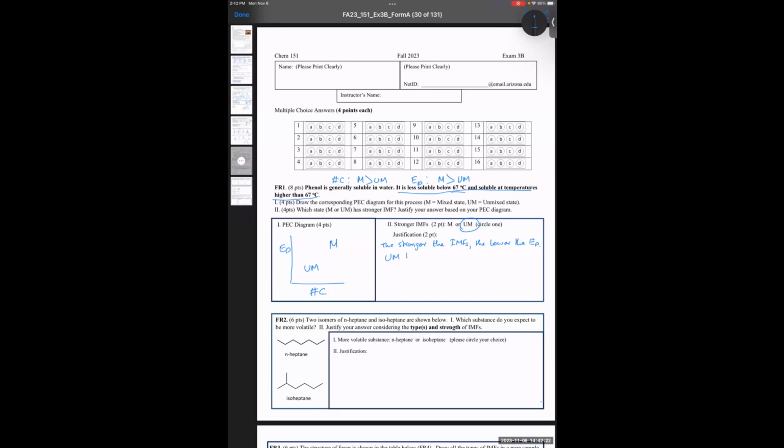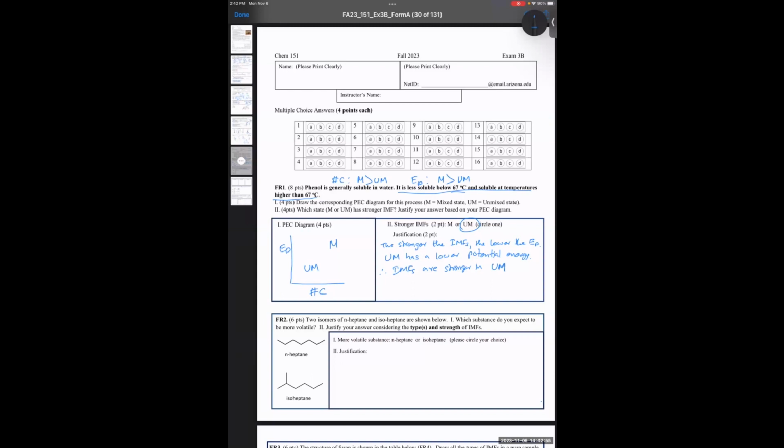Therefore, IMFs are stronger in UM, the unmixed state, which is defined over there. All right, so that's that.